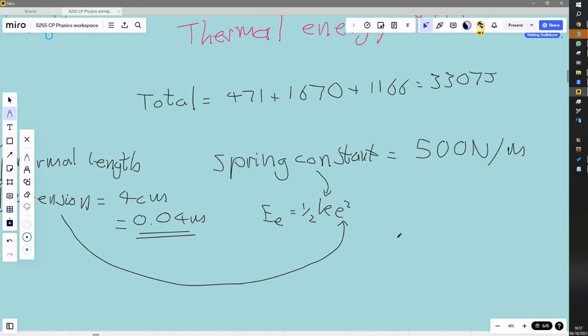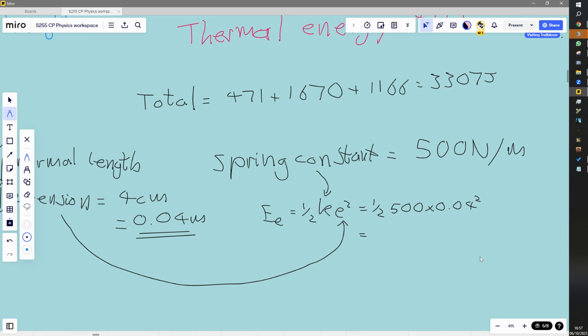So we're going to put these numbers in now. So it's half times 500 times 0.04 squared. We'll see how much energy this particular spring stores when it has been stretched by 4 centimeters.